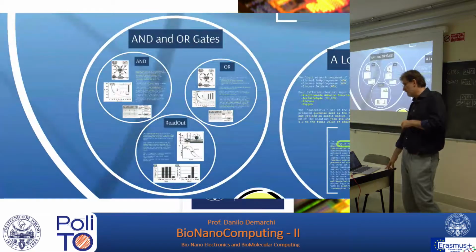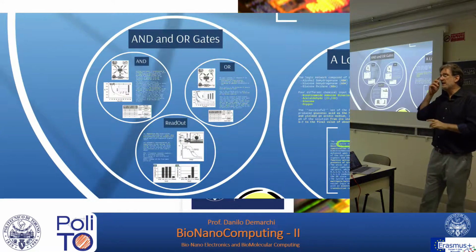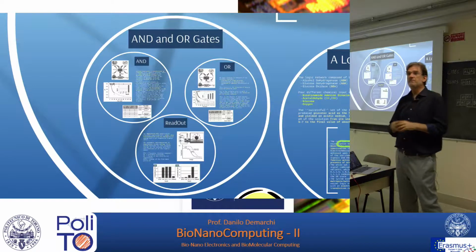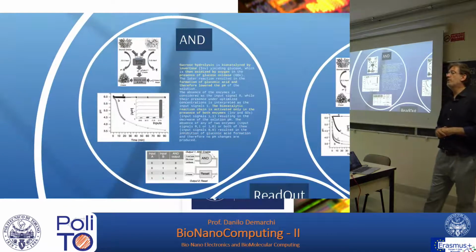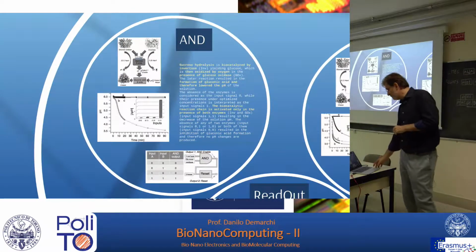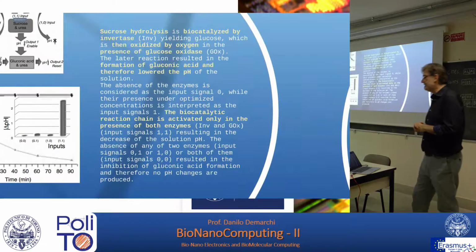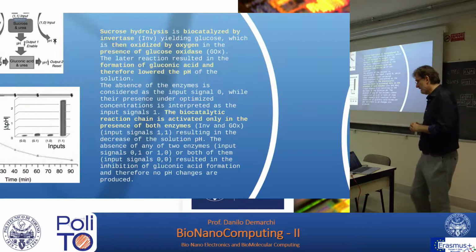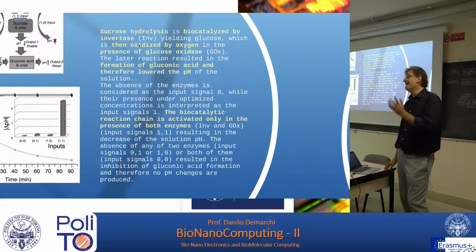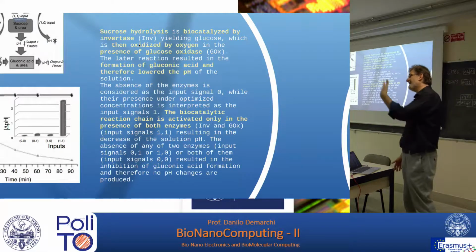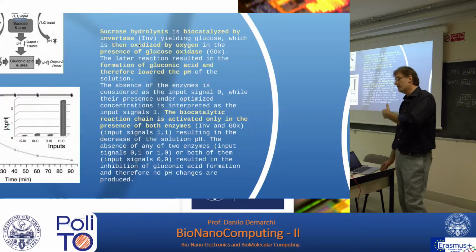So, let's see some examples that I can use for building AND or OR gates. Let's start with an AND gate. In this experiment, and afterwards we will also see results, they use sucrose hydrolysis, biocatalyzed by the enzyme invertase. What ends with -ase is usually an enzyme.